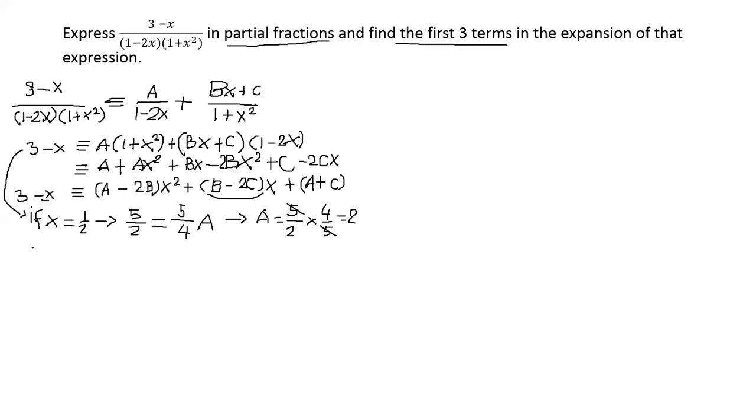So b minus 2c equals -1. Okay. And the second equation, this one, a plus c, without x, equals 3, this one.